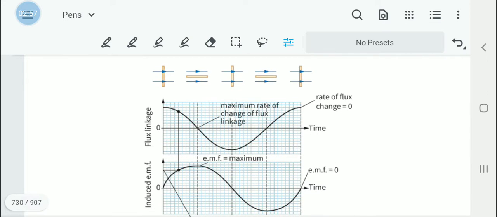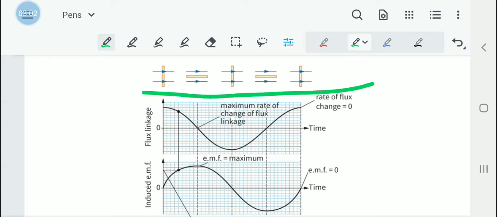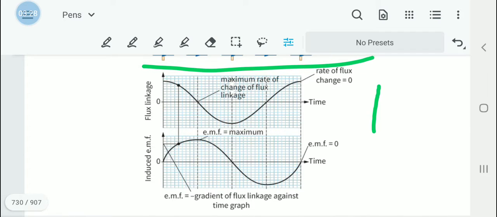So for a rotating coil, these are the situations. For those situations, this is what happens to the change in flux linkage and how EMF is generated. This is drawn in both of these situations.